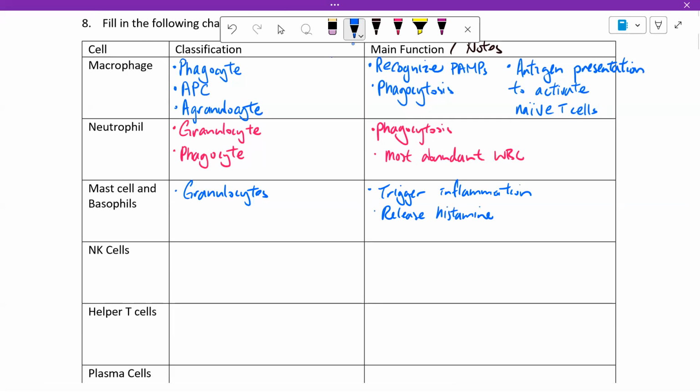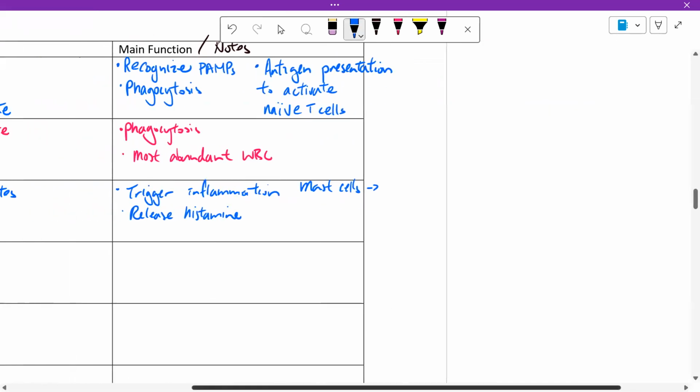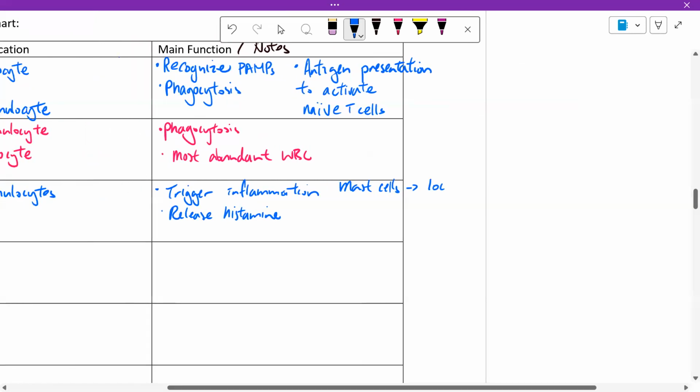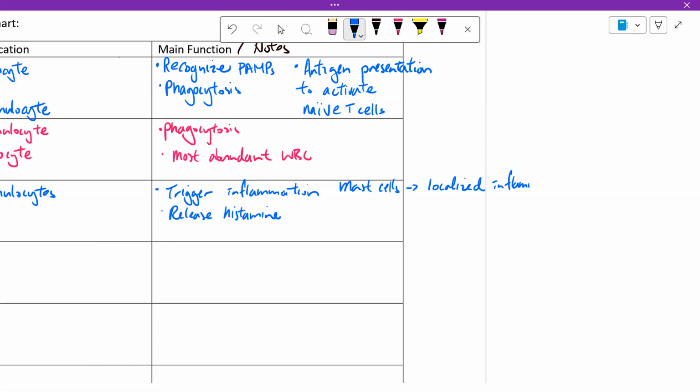Mast cells are generally like localized inflammation. And then basophil is more like systemic, right?